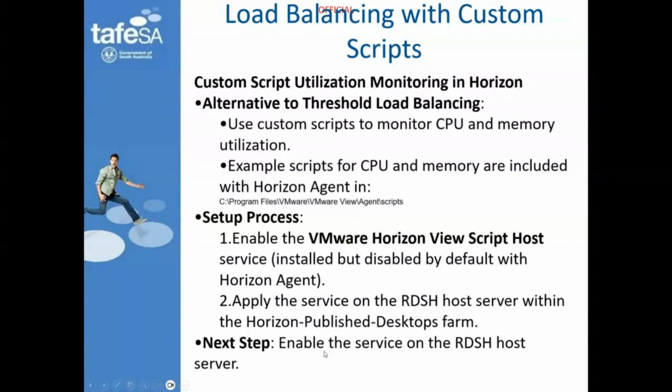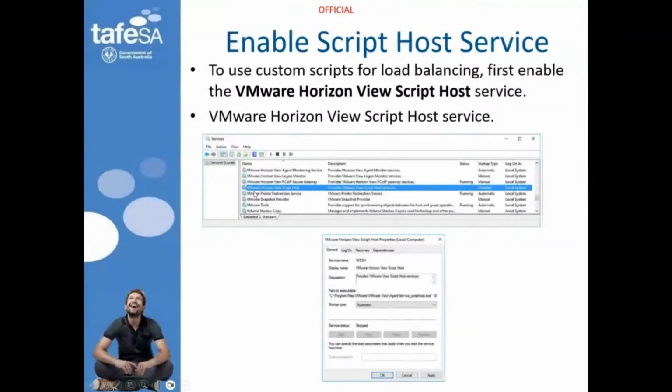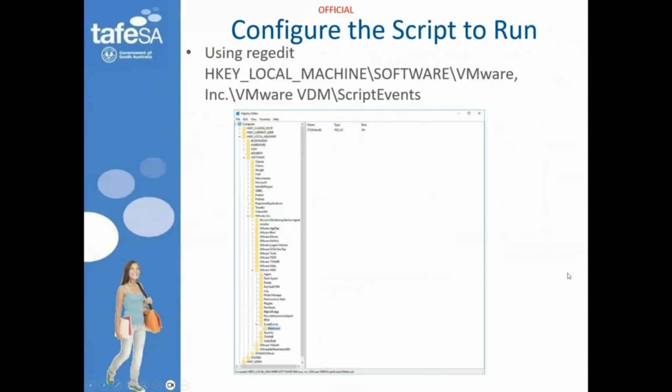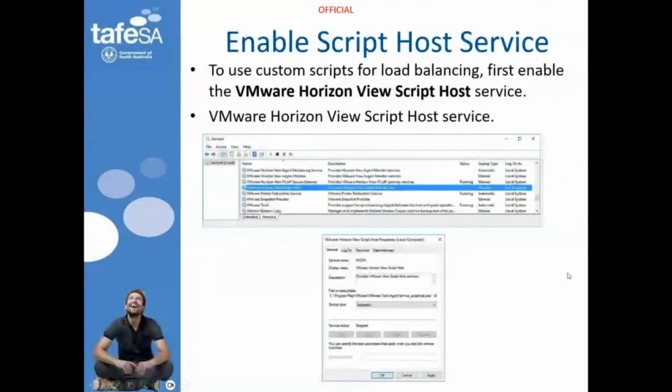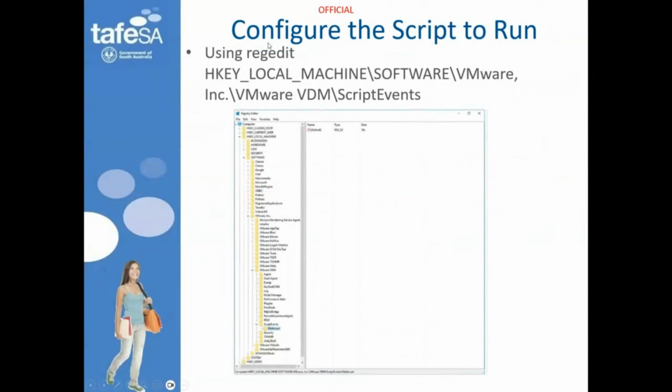And then the next step is to enable the service on the remote desktop server host server. Basically, if you look at this picture, it's like any other service. Its default is disabled. We just have to enable it, and we make its startup automatic, and that's the first step. Yeah, so that's what that's describing.